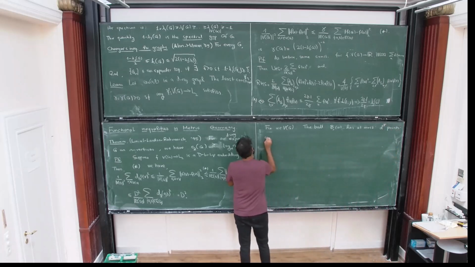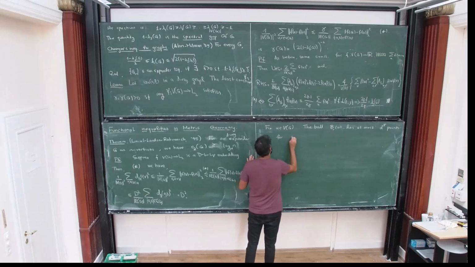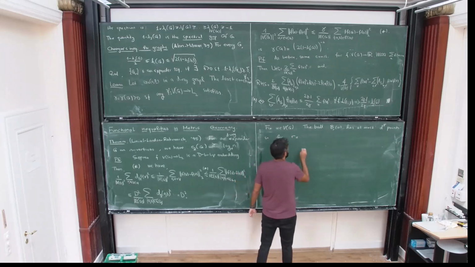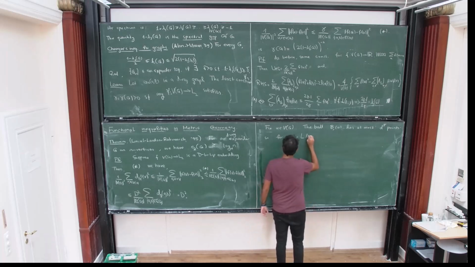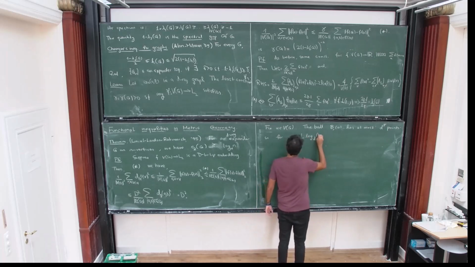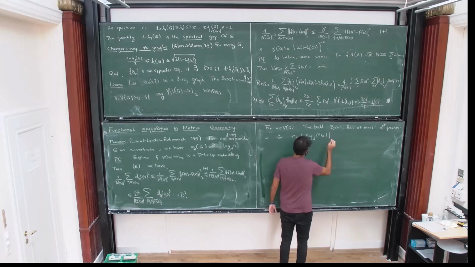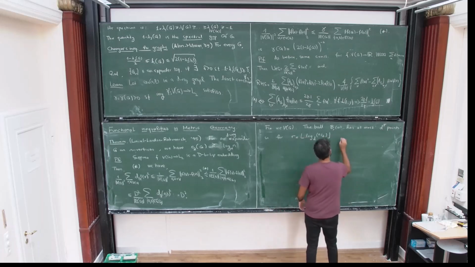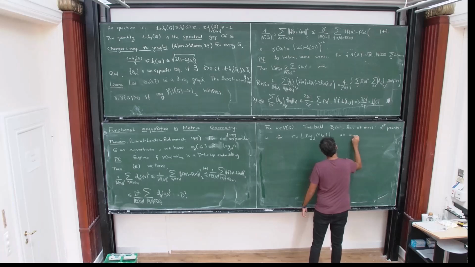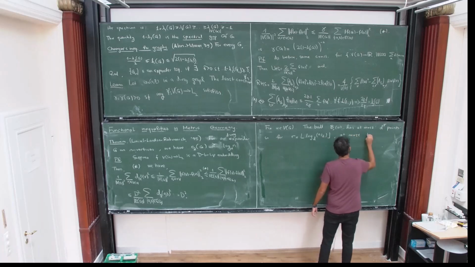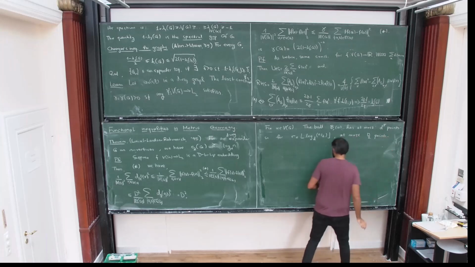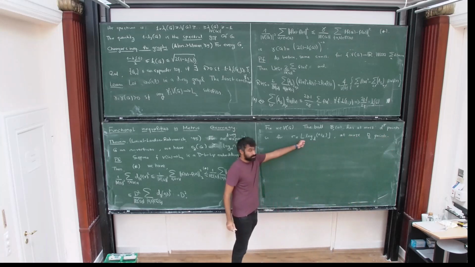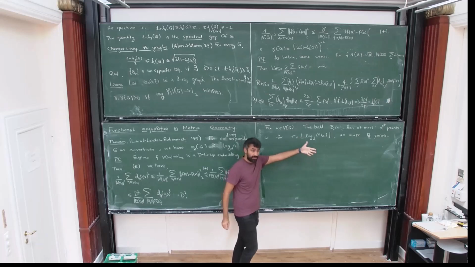So for r being, say, the floor of log base d of n over 2, at most n over 2 points. Okay, so you can go up to this radius, and you have at most n over 2 points.